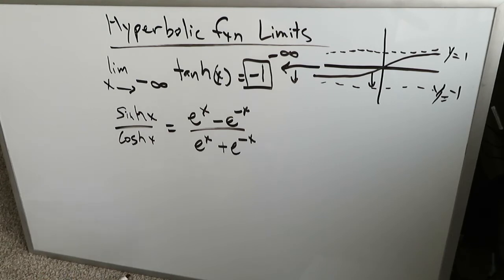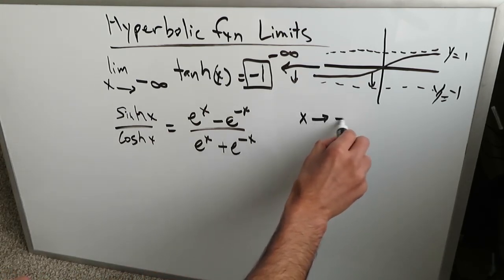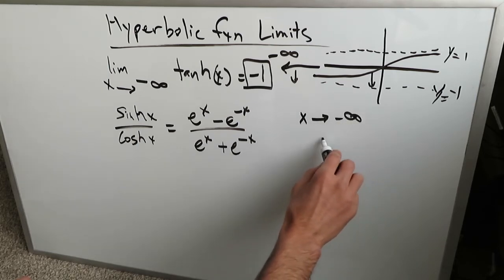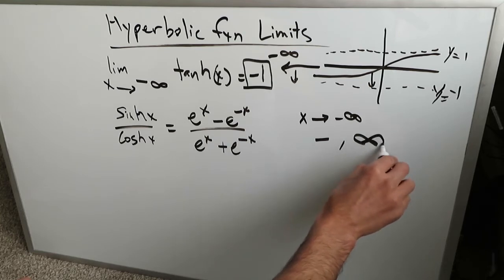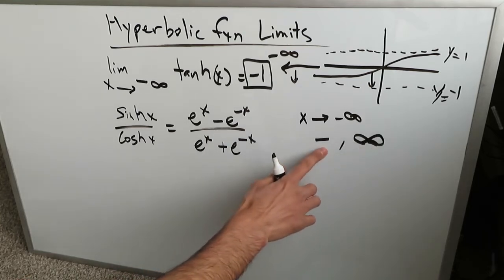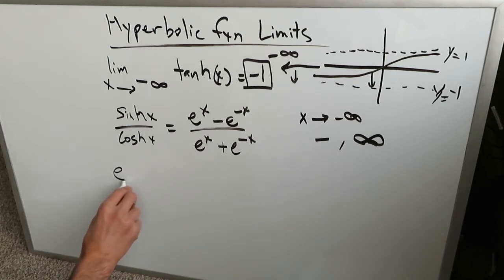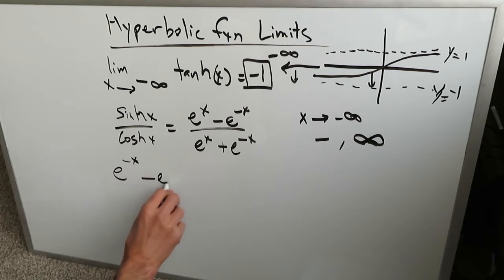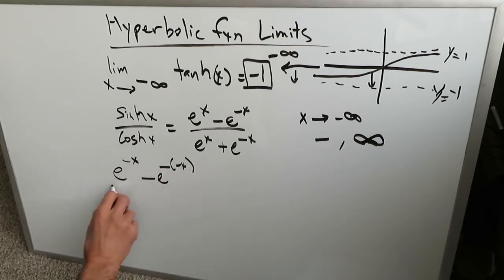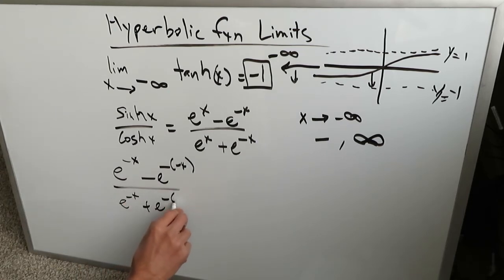Now we have to do the same sort of assumption as we did before. If x is approaching minus infinity, we can view minus infinity as being a minus component and an infinity component. If we apply just a minus component here in place of these x's, look what we get. We can get here in the top e^(-x) minus e^(-x)... because we're applying the minus component of this negative infinity, and then we get e^(-x) plus e^(-x).